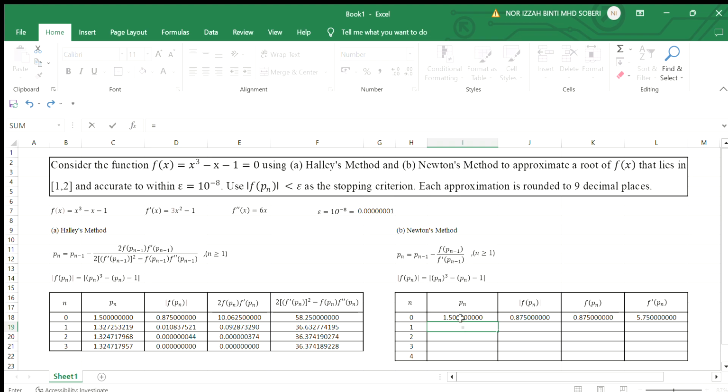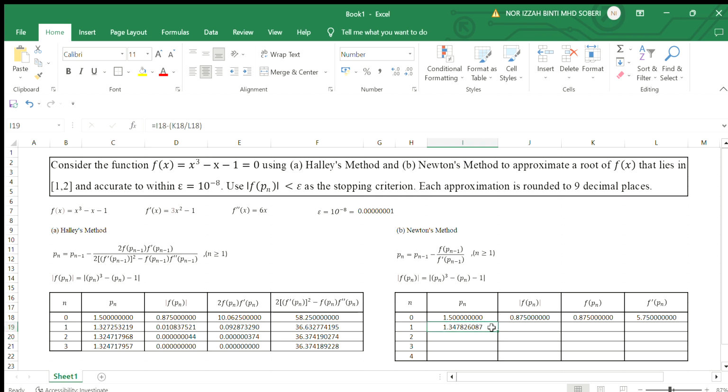So this is our P0 minus f(Pn minus 1), divided by f prime(Pn minus 1). Enter. Since this is Excel, just drag everything.